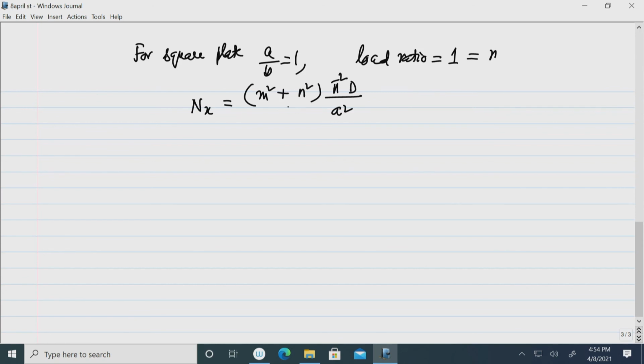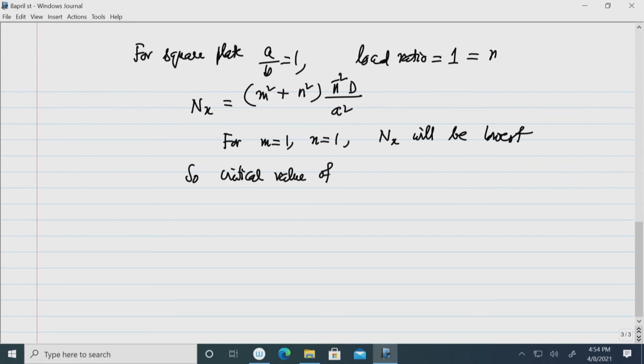Now, what will be the lowest value of N_x, and for what m and n? For m equal to 1 and n equal to 1, because the other parameters are constant, N_x will be lowest. So, the critical value of N_x is obtained by substituting m equal to 1 and n equal to 1, and we get 2π² D by a².